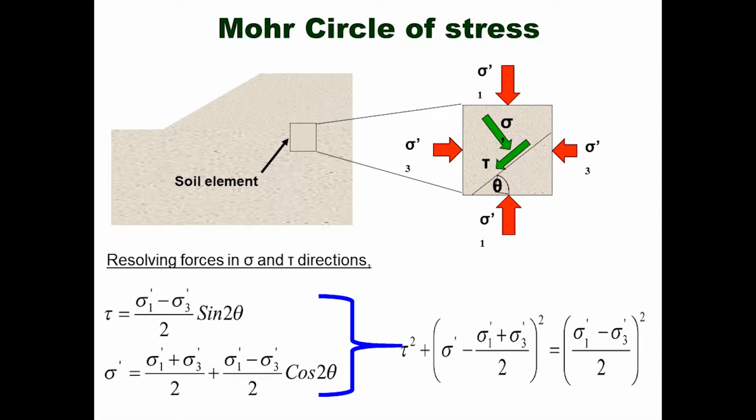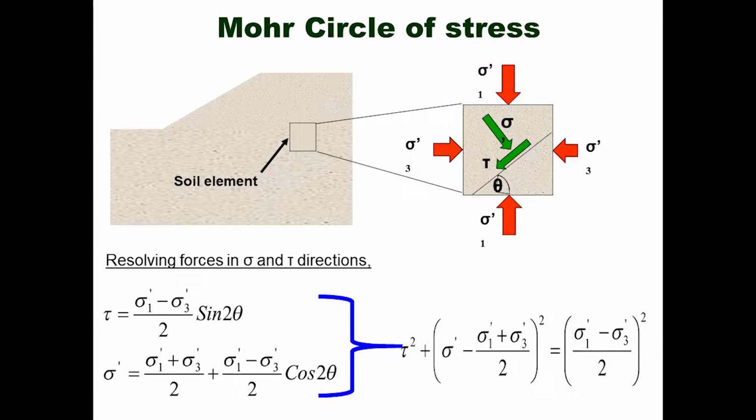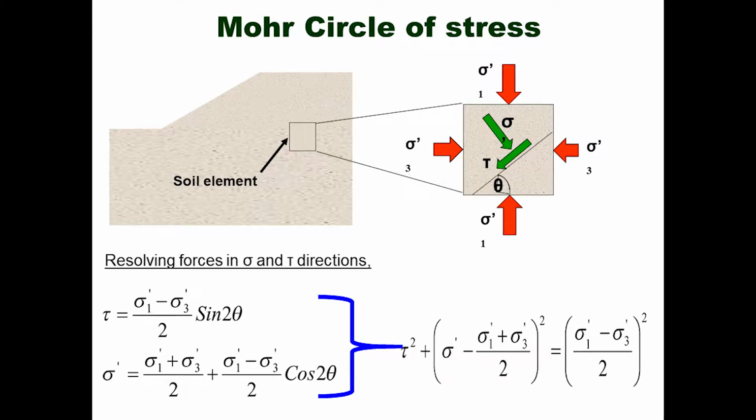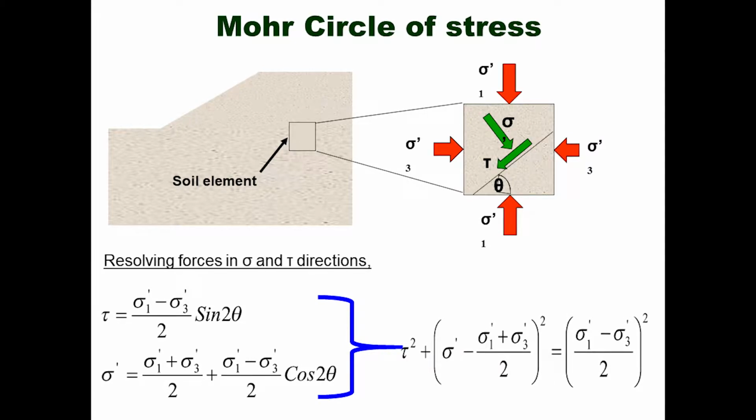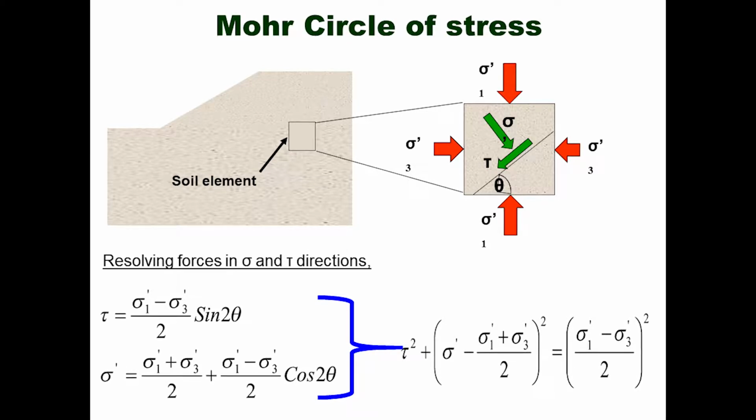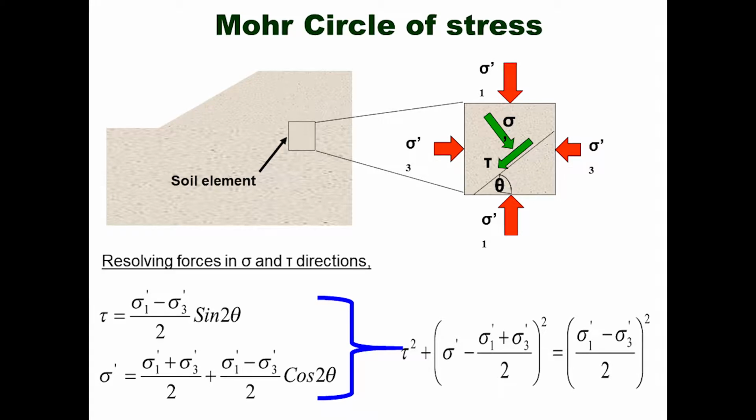Mohr circle of stress. Take an element where effective stress sigma 1 dash is acting vertically and sigma 3 dash is acting horizontally, and there is a failure plane which makes angle theta to the base.